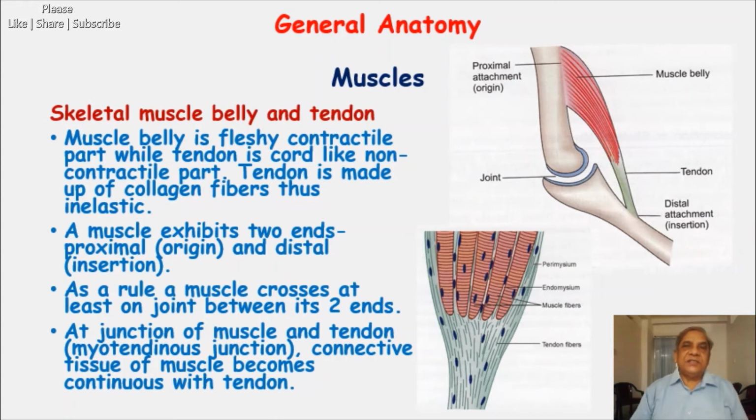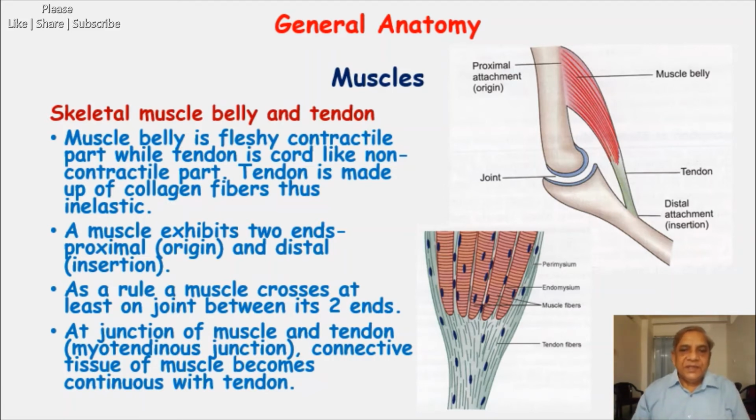For example, a muscle taking origin from the forearm will have its tendon pass in front of the wrist, then in front of the palm, and then through the finger, it will go to the terminal phalanx. So it is crossing many joints, but the rule is that it has to cross at least one joint.